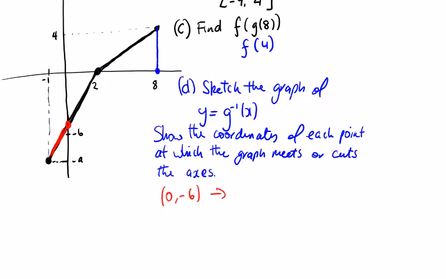So the inverse of that is going to be minus 6, 0. We also have the point minus 1, minus 9, and the reverse of that is minus 9, minus 1. And we also have this point here, 2, 0, which is going to go to 0, 2.